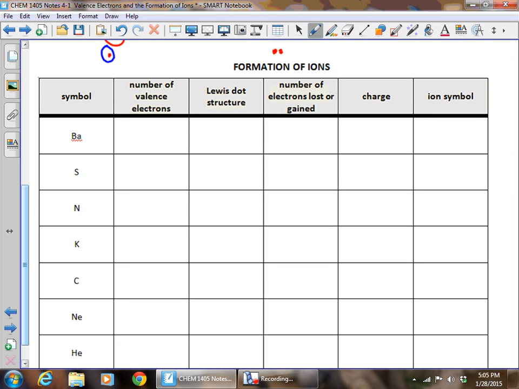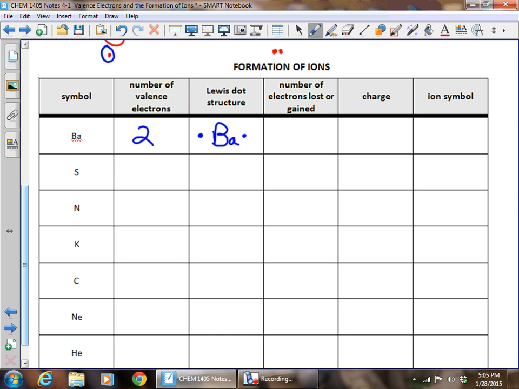Well, just as a little practice, the number of valence electrons for barium in group 2A is 2. So it's going to look like this for its Lewis dot structure. Now, as far as the number of electrons gained and lost, electrons are going to be lost or gained in order to reach a stable s2p6 configuration.